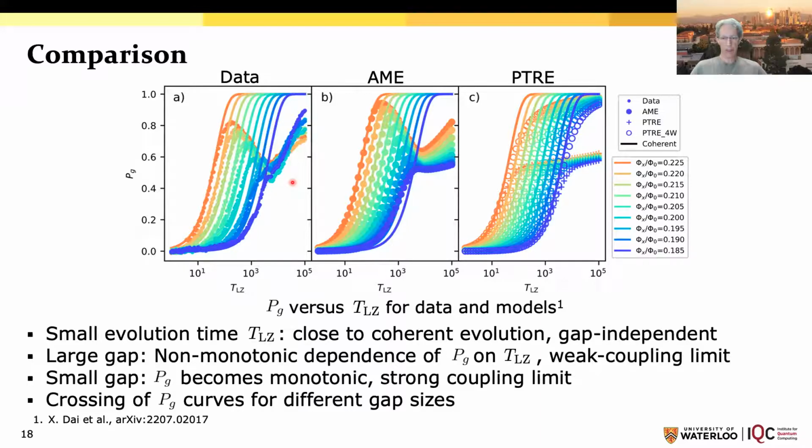Would you agree with that? It agrees more, but as we have discussed earlier, the AME also doesn't produce this crossing of the ground state probabilities for different phi x.